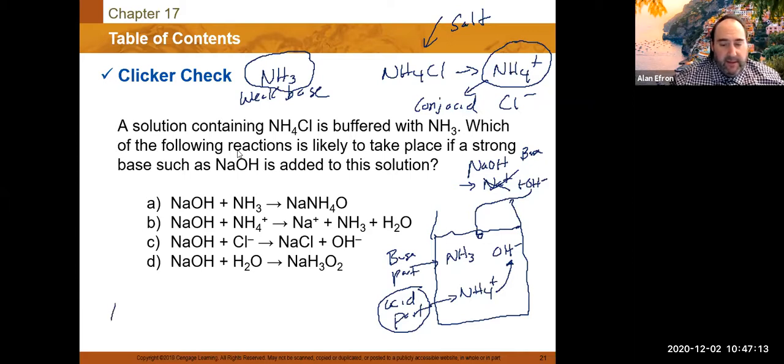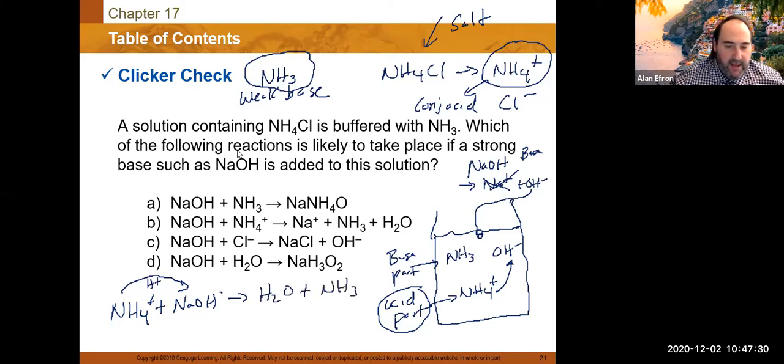And we should get some type of reaction that is NH4+ plus some sodium hydroxide. This is the acid part, which means it's going to donate its H+ over, and we would get some water that is formed and NH3. And obviously we have some sodium there as well.